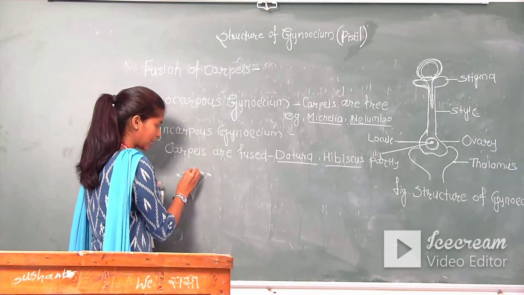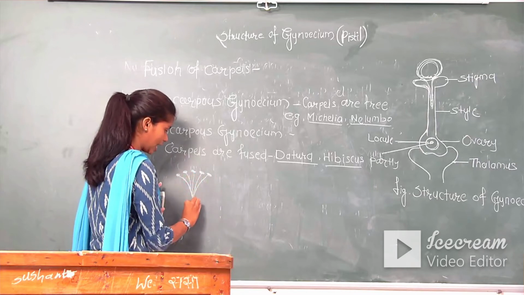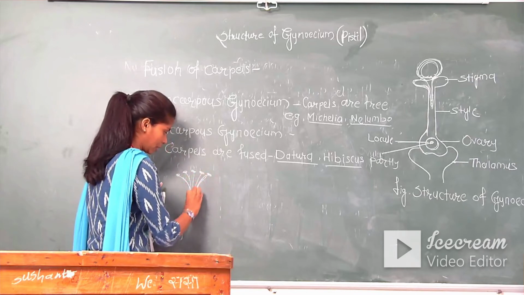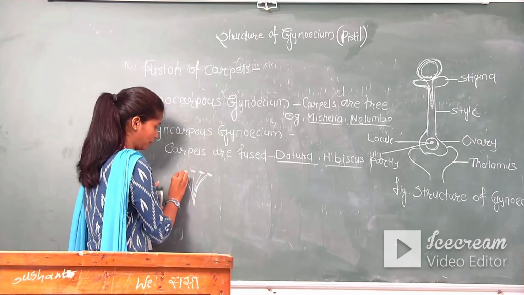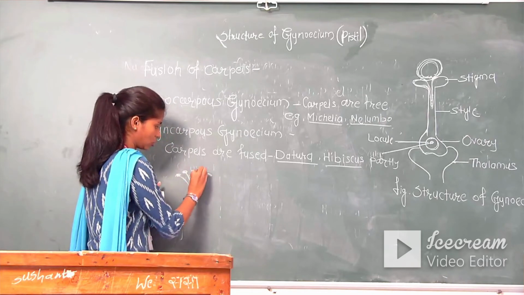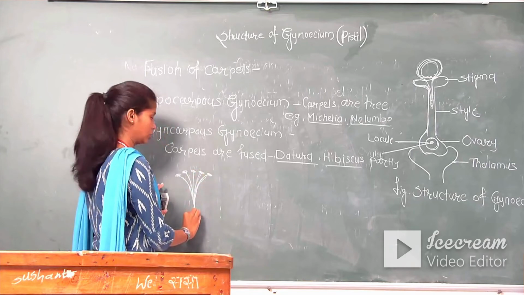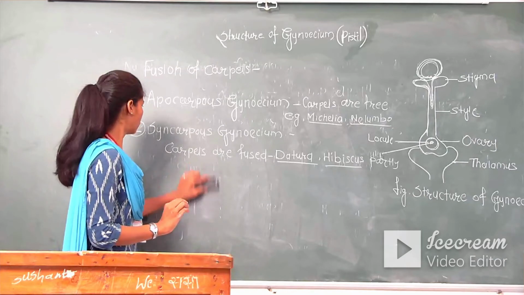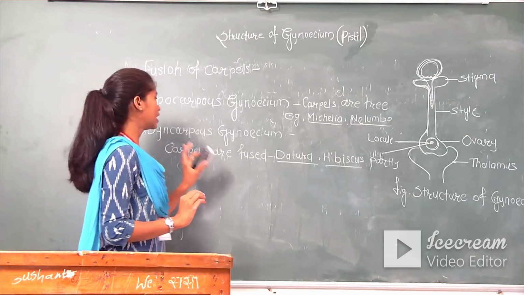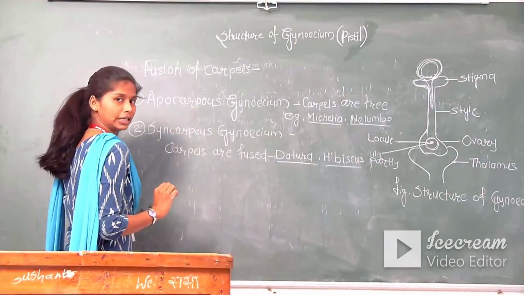Because in this case, carpels are fused, but only with the help of style. Their stigma remains free. So, in case of hibiscus, it is partly fused, and it is a type of syncarpous gynoecium. I hope you are getting it.